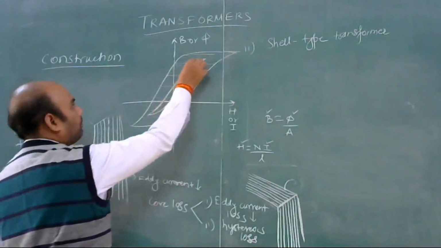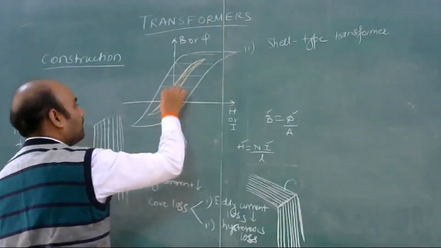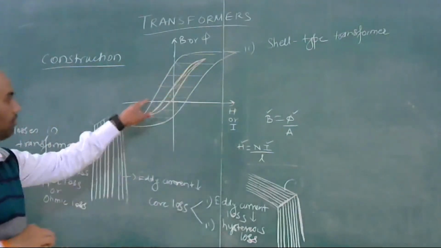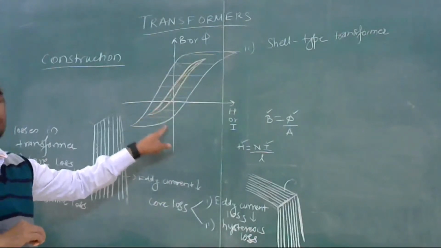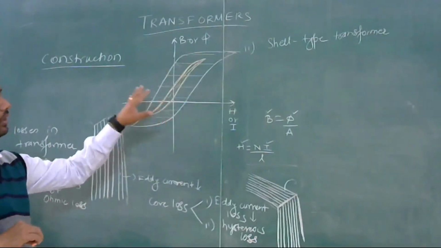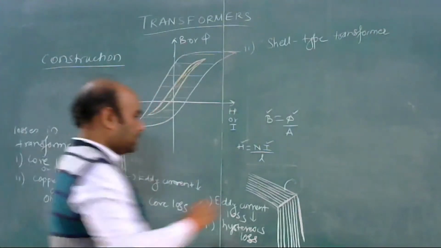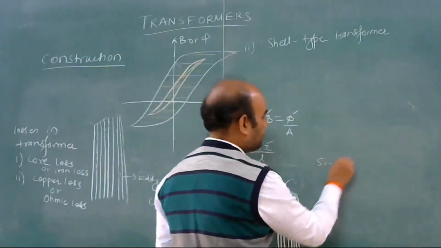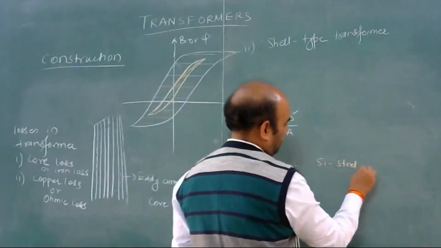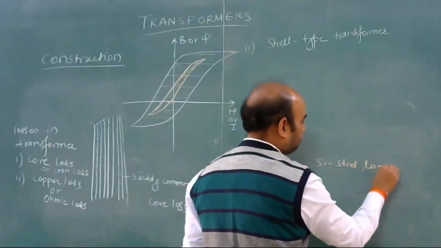The area of this hysteresis loop will be very less as compared to this. Silicon steel offers minimum hysteresis loop, and that's why we use silicon steel lamination core.